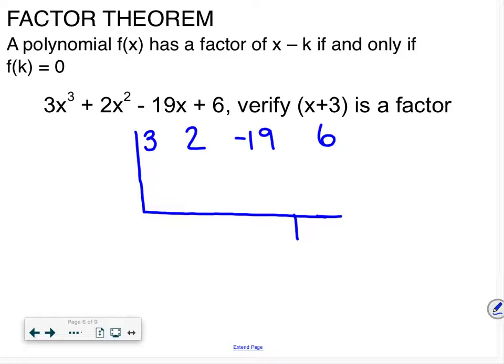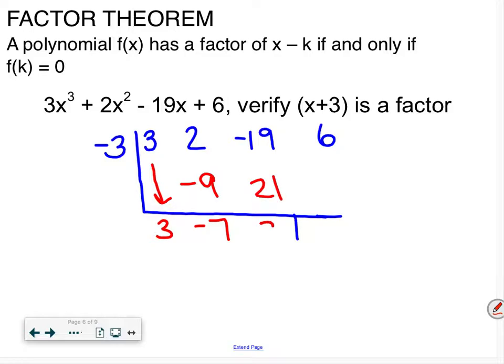If x plus 3 is a factor, what do we hope to have as a remainder? Excellent. Alex, what number goes right here? Negative 3. If we're dividing by x plus 3, negative 3 goes out there. So help me out. We drop down the 3, multiply to get negative 9, add to negative 7, multiply to get 21.